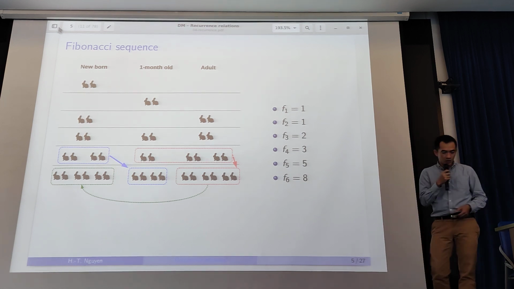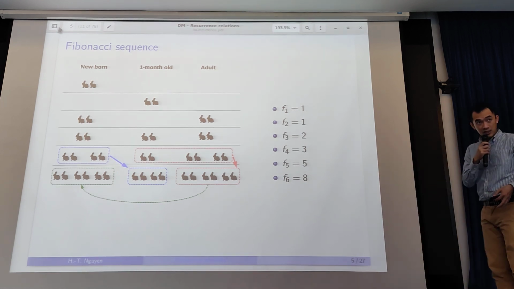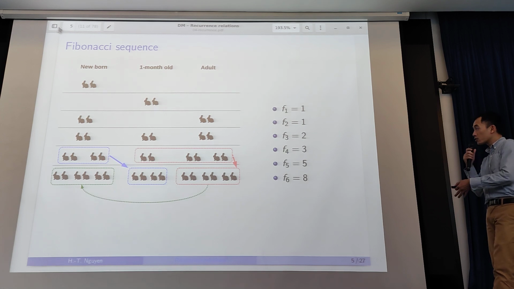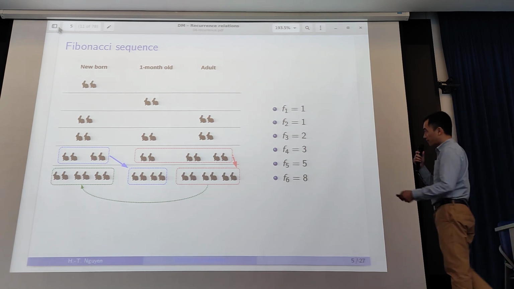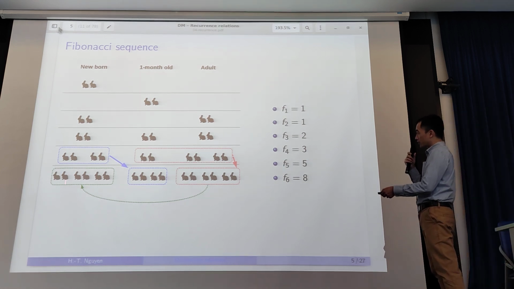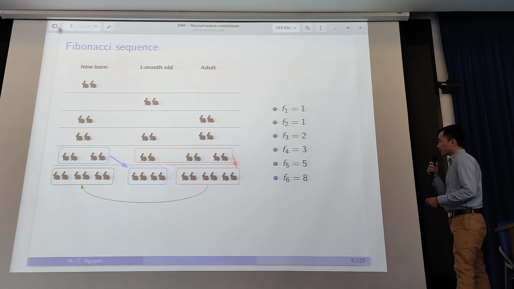Here we assume that the rabbits do not die, so all the rabbits which are present in the previous month we carry over to the next month. But we will have some newborn rabbits here. You can see that the same color corresponds to the same rabbits.